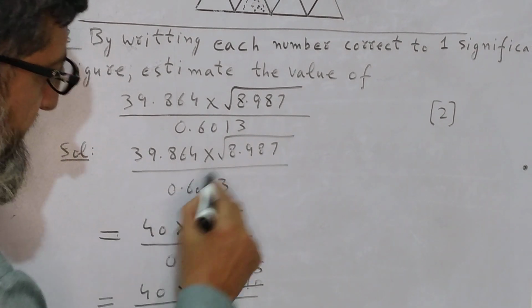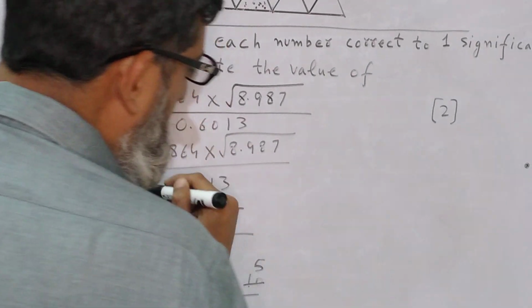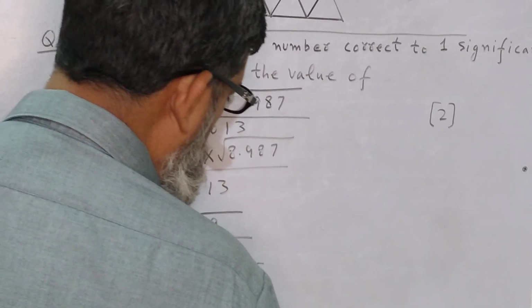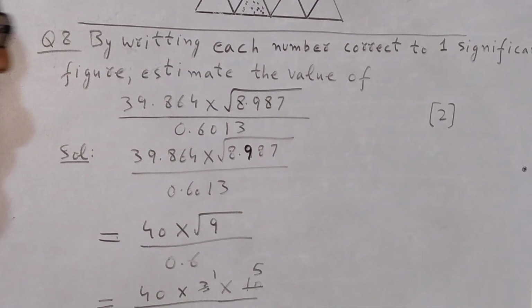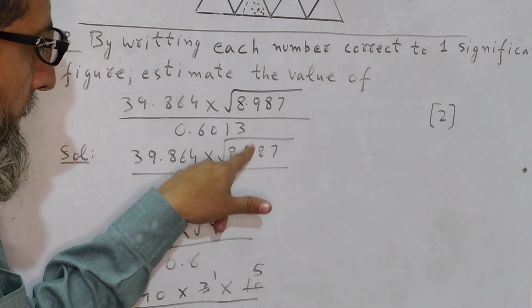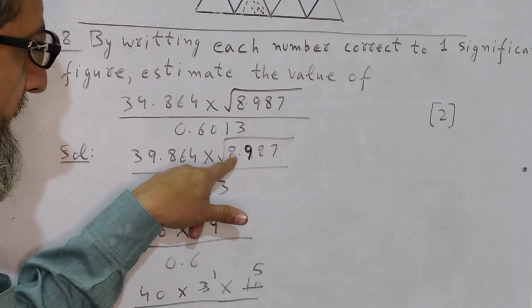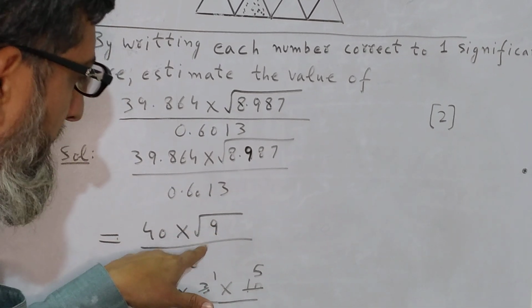The second number under the square root is 8.987. Again it is more than 5, so it adds 1 to the preceding digit, and it becomes 9.